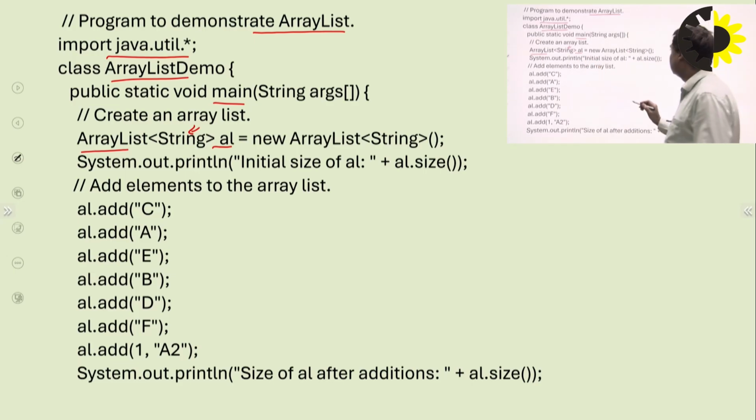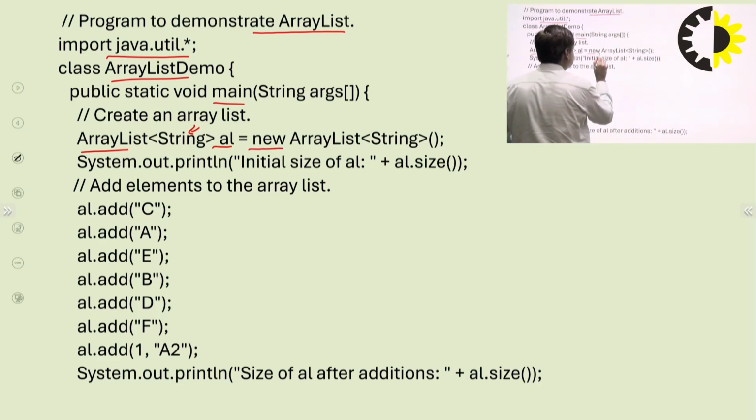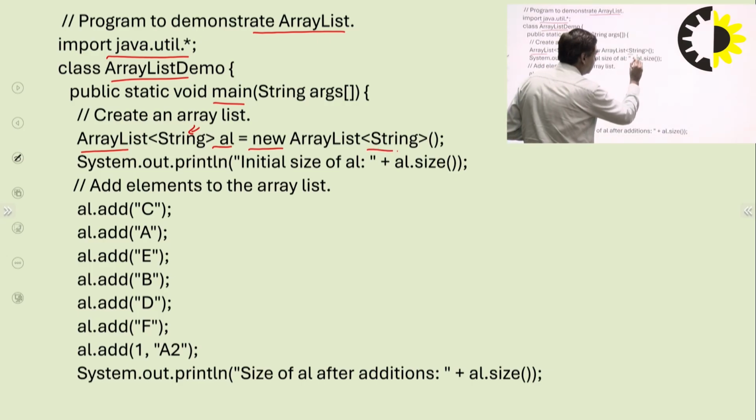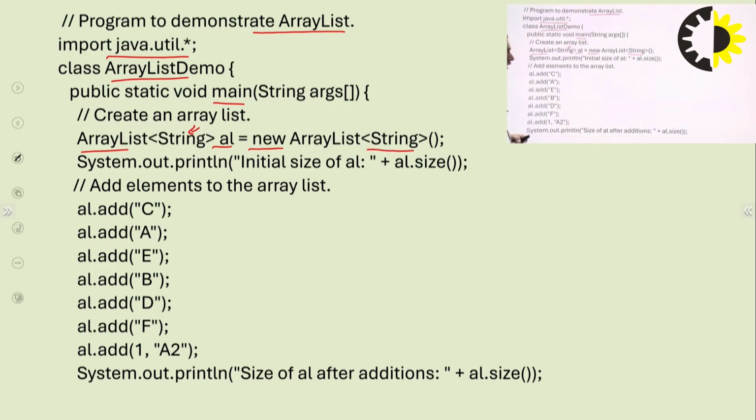Similarly, we use the new operator to define the object of the ArrayList, and again you have to give the type of the element. Here the type of the element is String, so the elements will be created in this ArrayList object of type String.